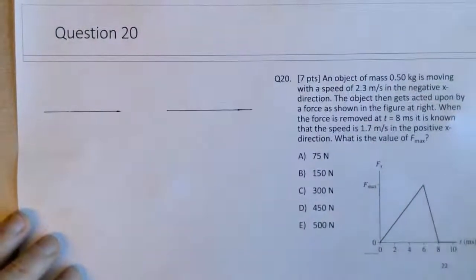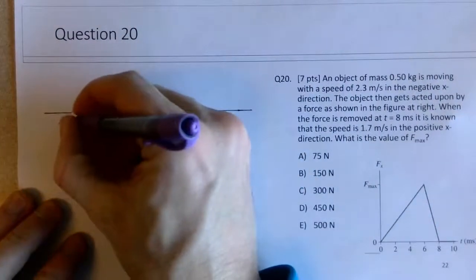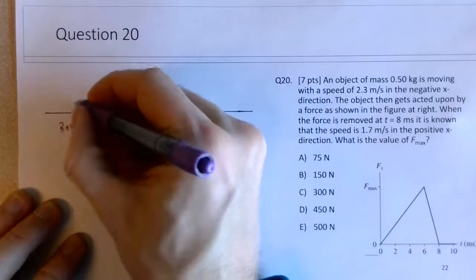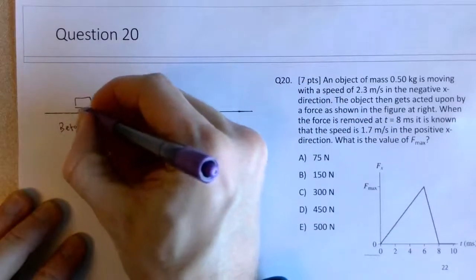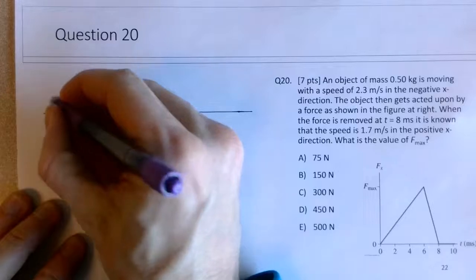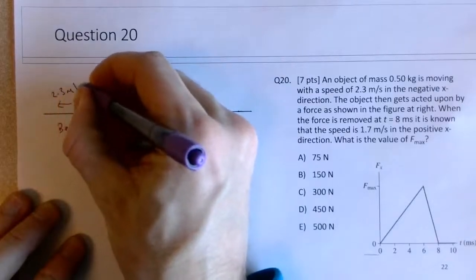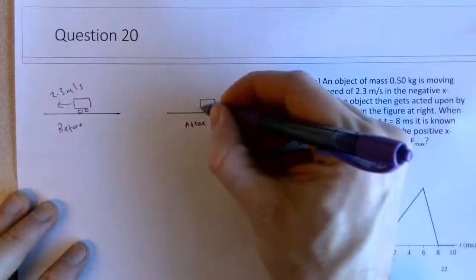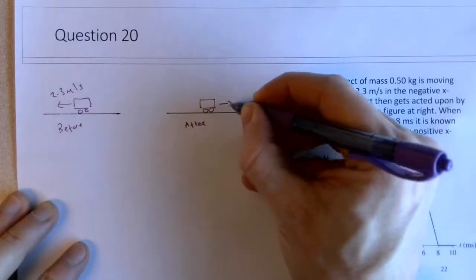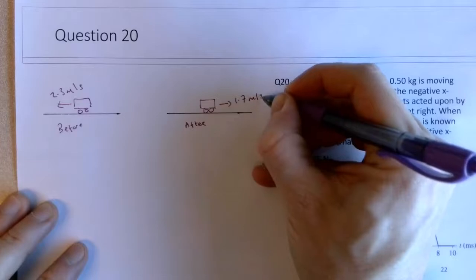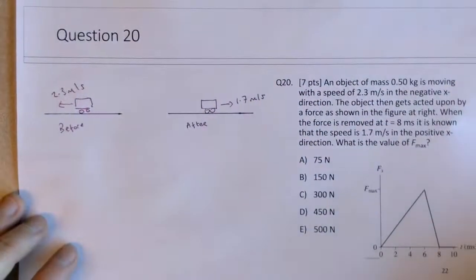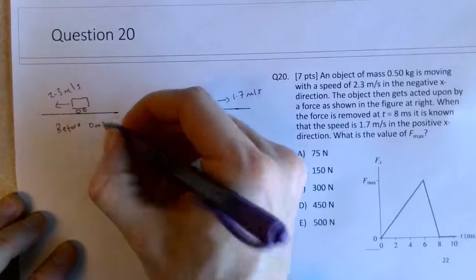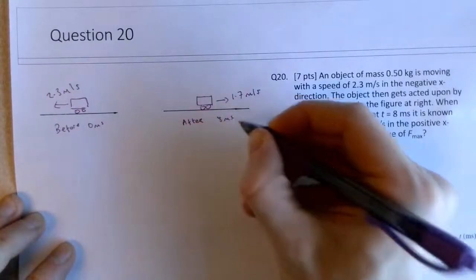Initially the cart is moving to the left with a speed of 2.3 meters per second, and then the cart is moving to the right with a speed of 1.7 meters per second. This is before, at 0 milliseconds, and this is after, at 8 milliseconds.